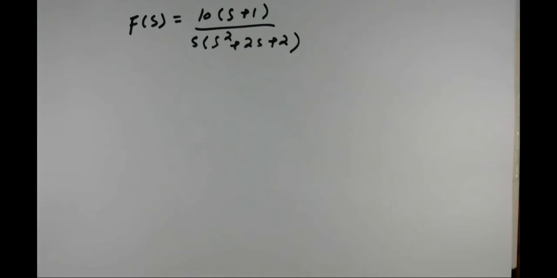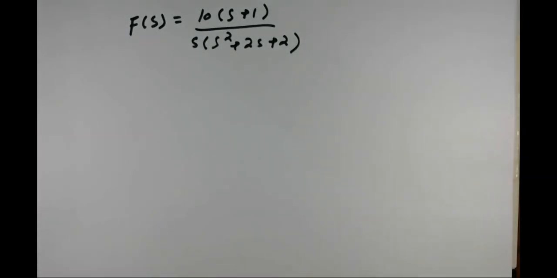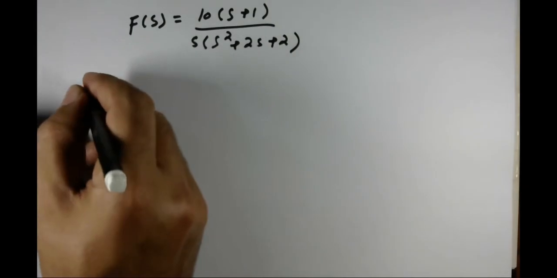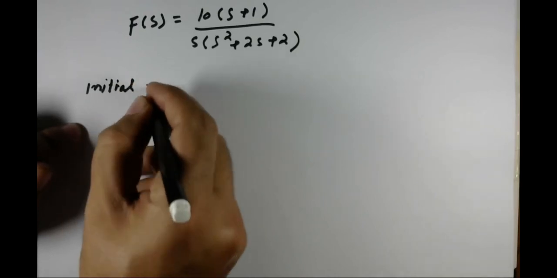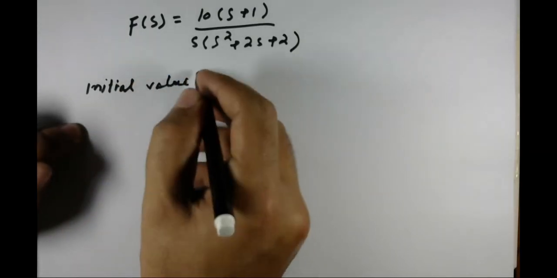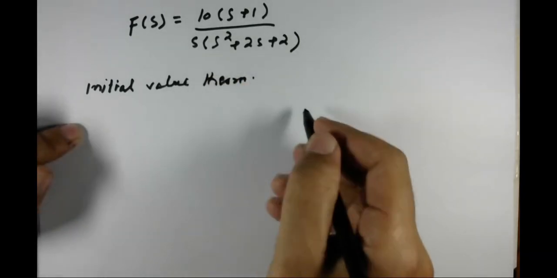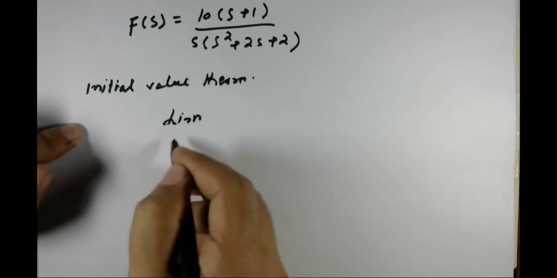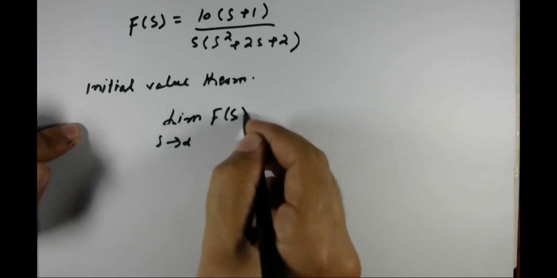to time domain function. Okay, so what we studied is that initial value can be found out from this value as well. We simply need to multiply this f of s with s and then apply the limit s approaches to infinity for initial value. Okay, so applying initial value theorem, we can say that limit s approaches to infinity of s times f of s.